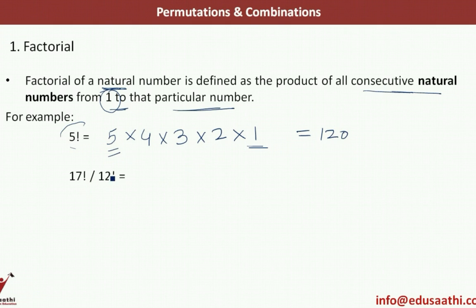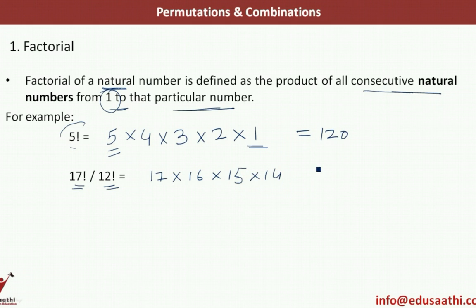What if we are asked what is 17 factorial divided by 12 factorial? So what is 17 factorial? I'll start from 17 and I'll multiply all the natural numbers till I reach the smallest natural number, which is 1.